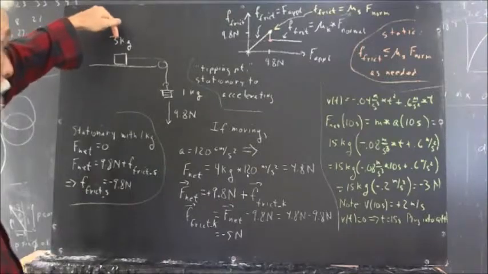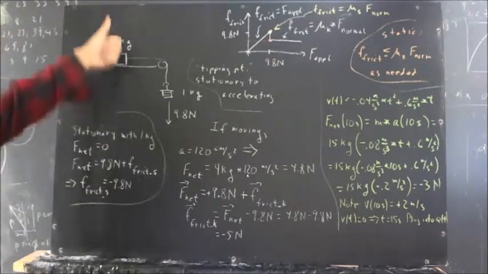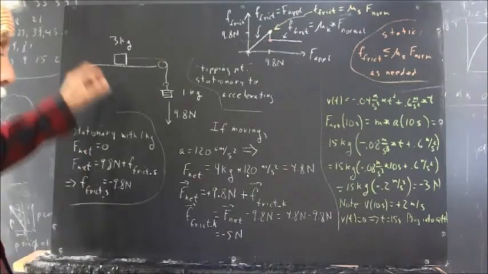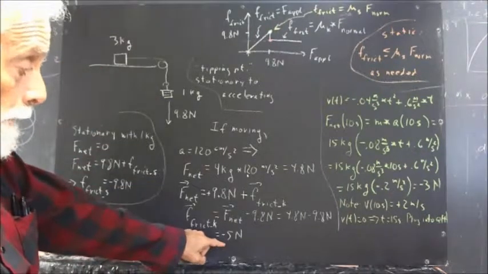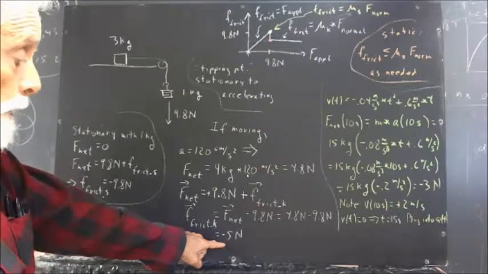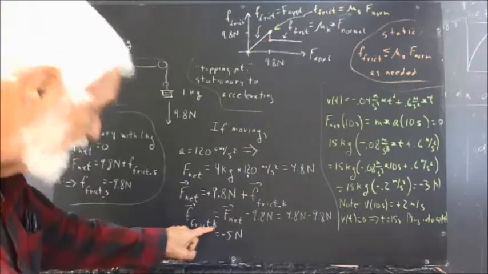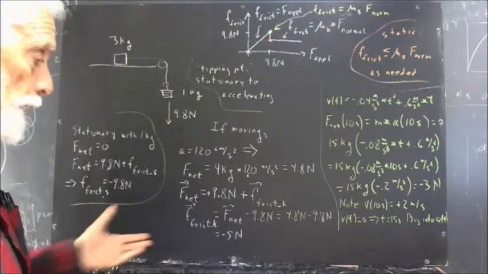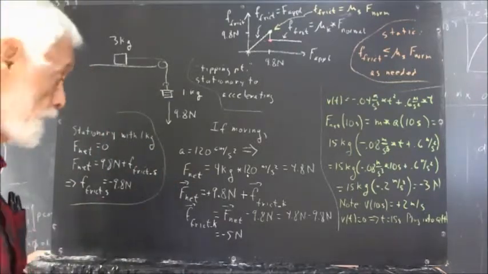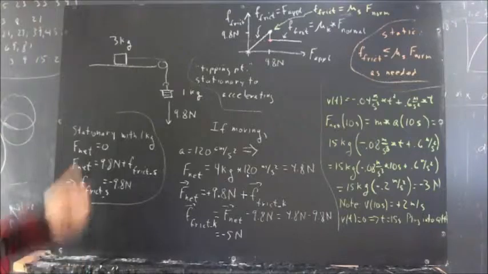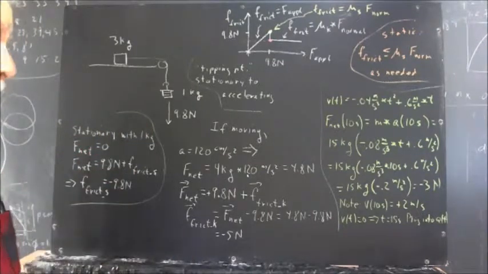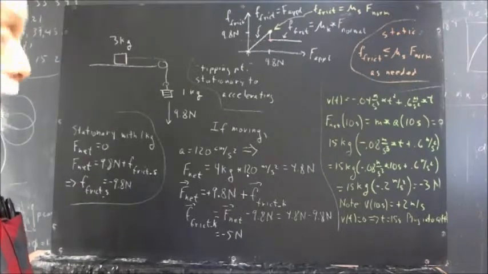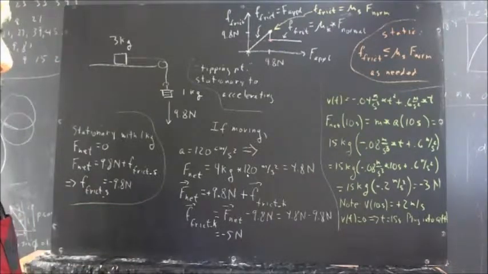Because the mass acts down with about a 30 newton force, the normal force acts up, giving us a 30 newton normal force and a 5 newton kinetic friction force. Divide the 5 newtons by the 30 newtons, we get 1/6, or 0.167 approximately, as the coefficient of kinetic friction. Now, it wasn't asked, but I decided I would add that just for future reference.